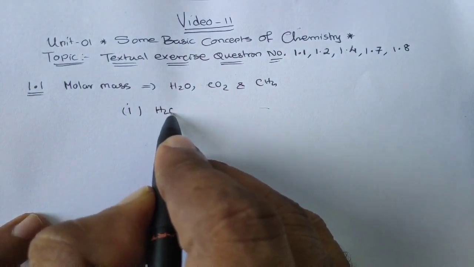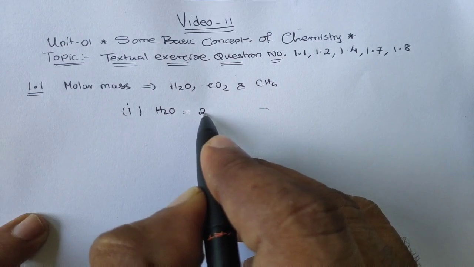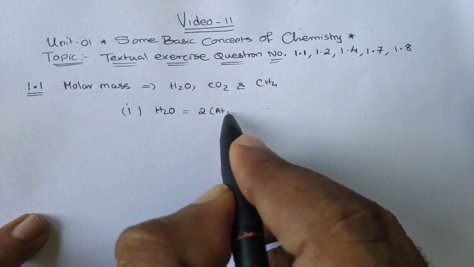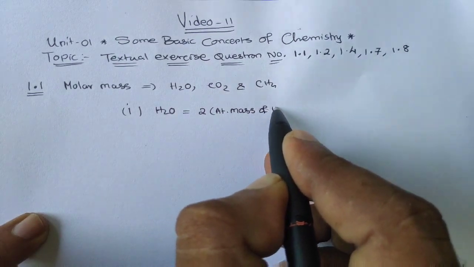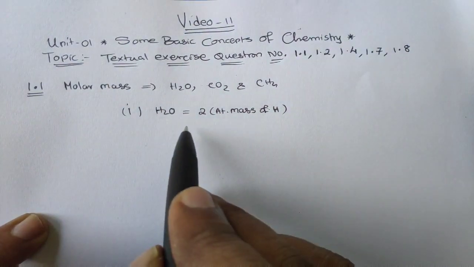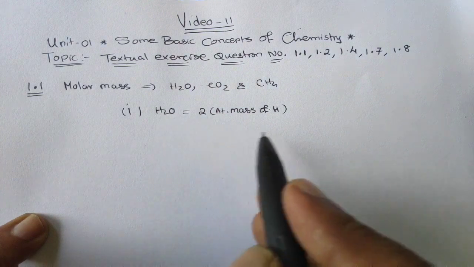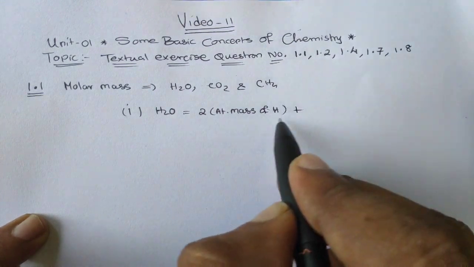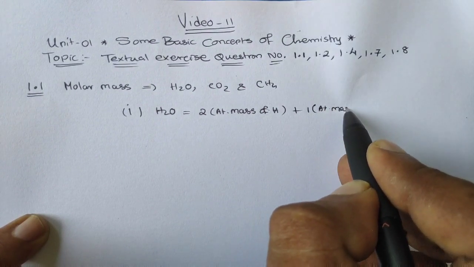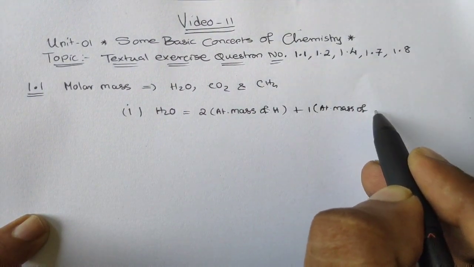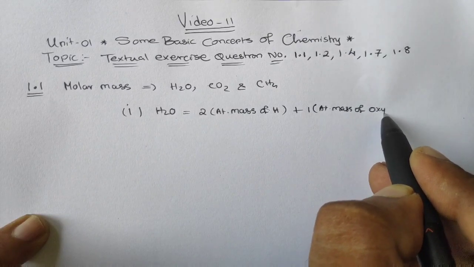See, now for the water molecule, we will write 2 into the atomic mass of hydrogen. Now why did I take 2? Because you can see here 2 atoms are there, plus you can see oxygen. So 1 into the atomic mass, or atomic weight as we say, of oxygen.